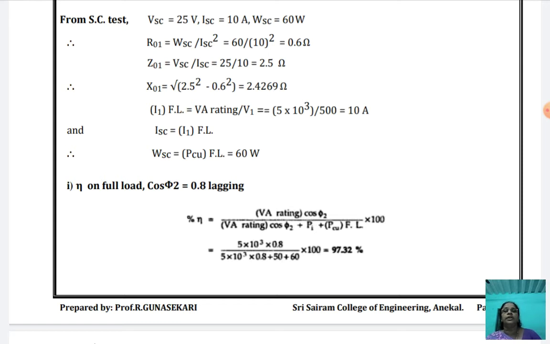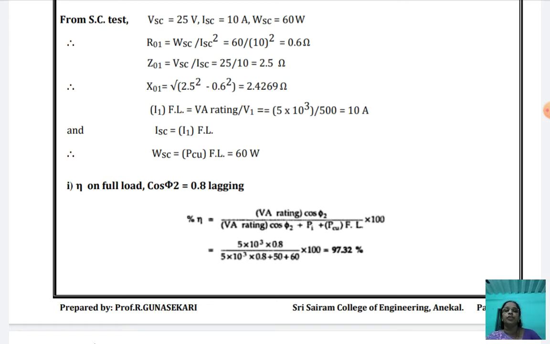Suppose all the meters, voltmeter, ammeter, wattmeter, are connected in the secondary side while conducting the short circuit test. For such a circuit connection we have to calculate R02, Z02, X02. Keep this in your mind.